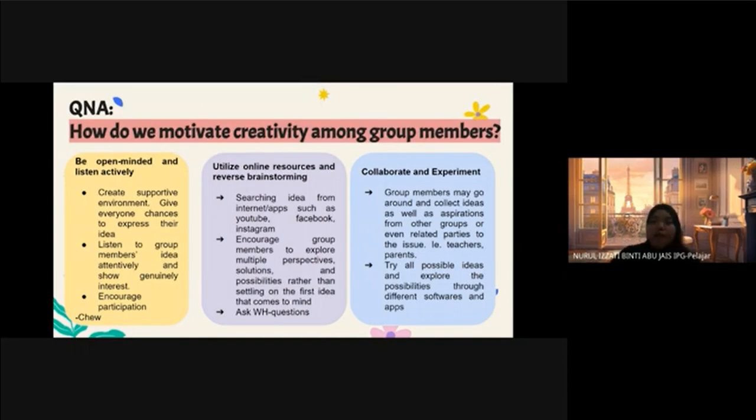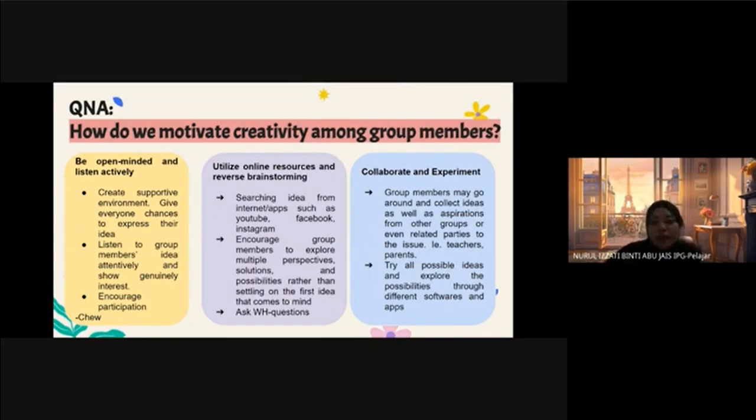For example, in this case, we are producing a digital innovation, so maybe we can collaborate with a developer, a programmer, or even a computer science student. And when we are trying to teach, maybe we can collaborate with teachers and parents, because parents might know what's best for their children, as they spend most time with them.